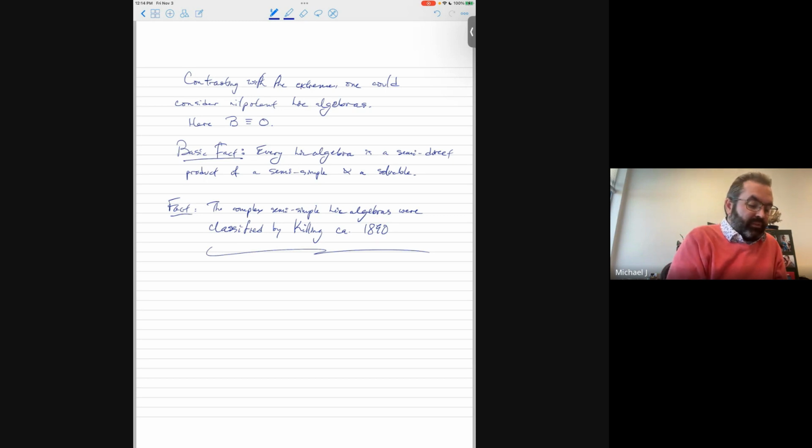Now I want to give a geometric motivation. So here's a fact: semi-simple Lie groups arise as the isometry groups of symmetric spaces.